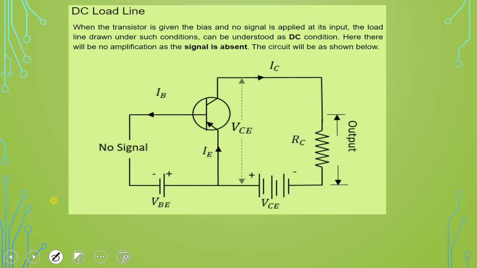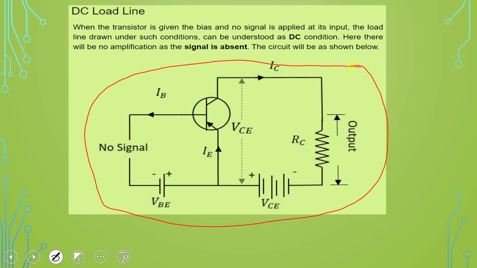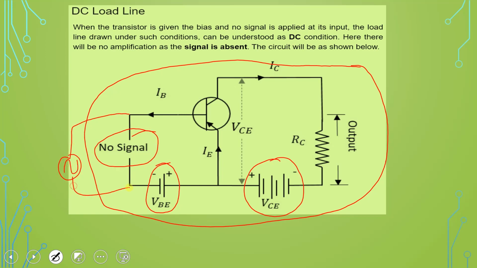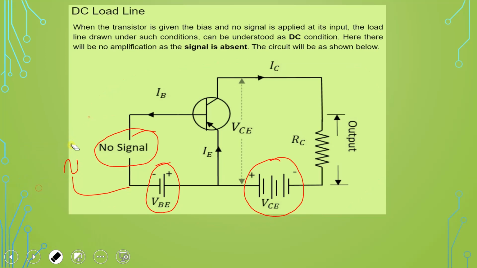This is the diagram for the amplifier. Here we have the DC biasing. These are the biasings, and here we apply the signal, the AC. But now we are saying that we do not have any signal here, so no signal is applied.